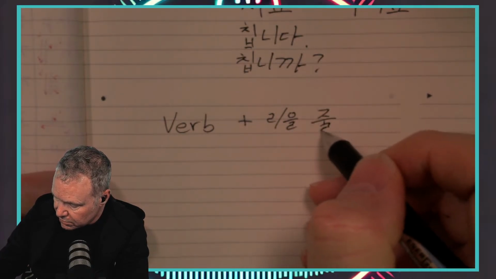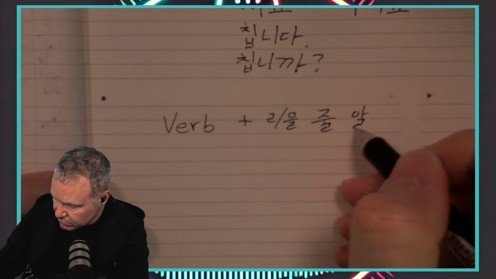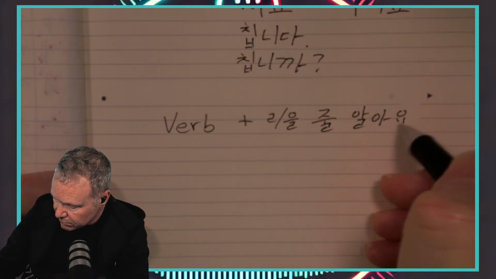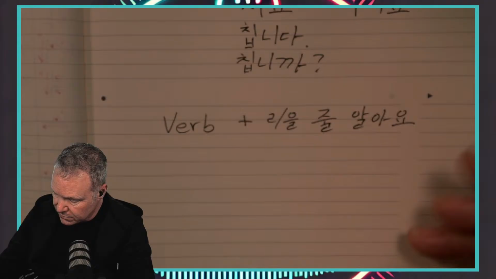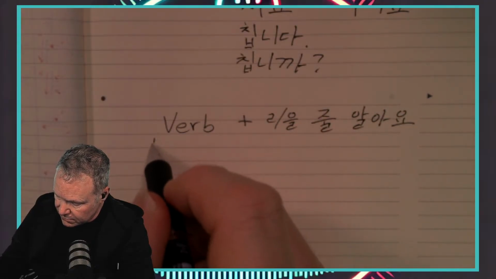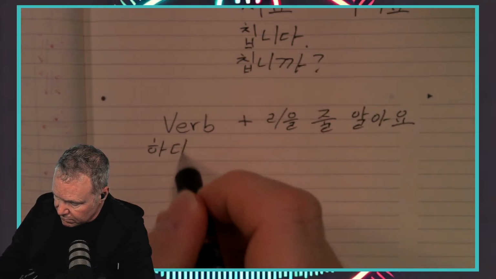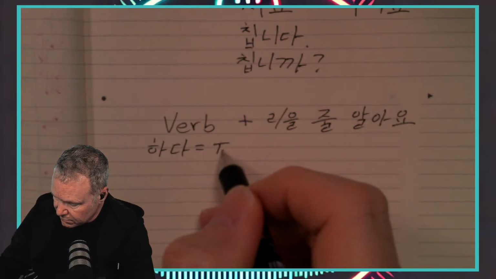Absolutely, you're spot on. So with that pattern, ㄹ 줄 알아요, you're basically taking the verb stem and adding that structure to say know how to do something. In this case, with 테니스 치다, to play tennis, you end up with 테니스 칠 줄 알아요, meaning I know how to play tennis. And if you don't know how, you can just say 칠 줄 몰라요 for I don't know how to play.